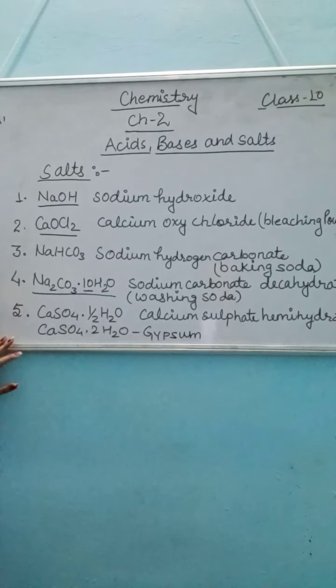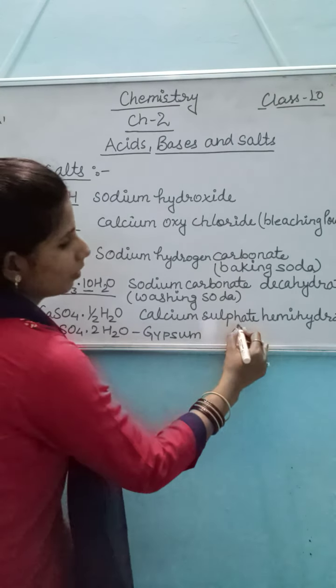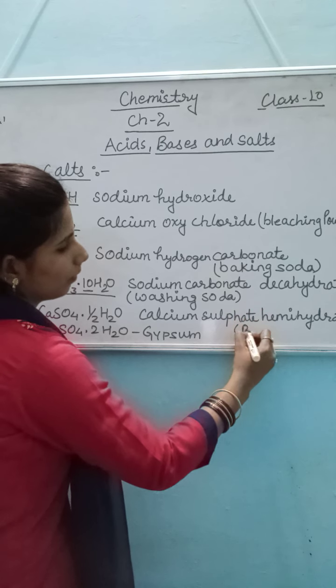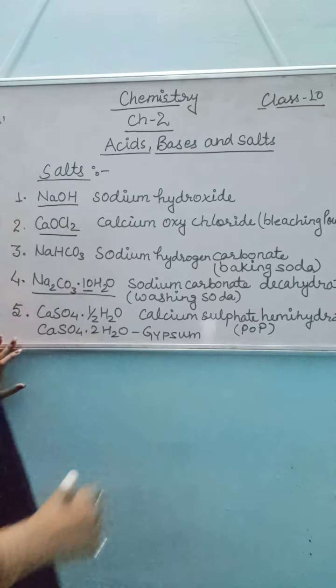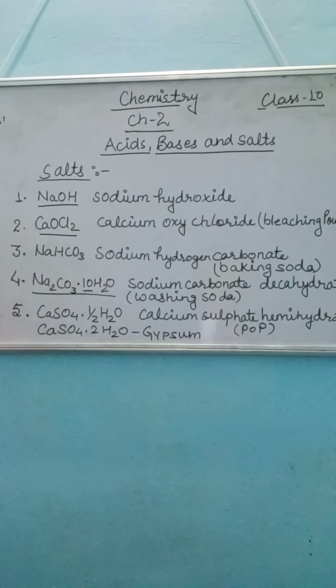From gypsum we get plaster of Paris, calcium sulfate hemihydrate, POP. So in this video we will learn about sodium hydroxide, calcium oxychloride, that is bleaching powder, baking soda, washing soda, and plaster of Paris.